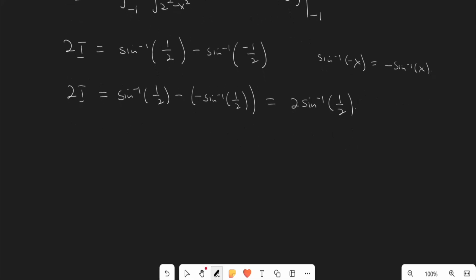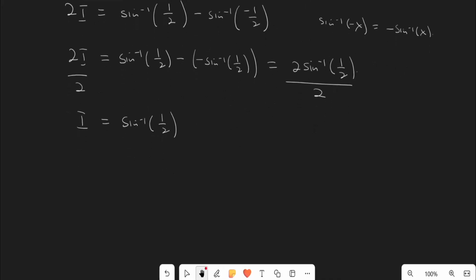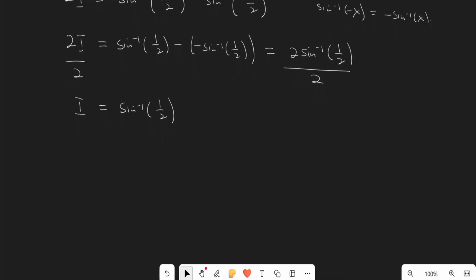So you can divide both sides by 2, and you have I is just equal to the sine inverse of 1/2. So sine of pi over 6 will give you 1/2. In that case, sine inverse of 1/2 will give you pi over 6.